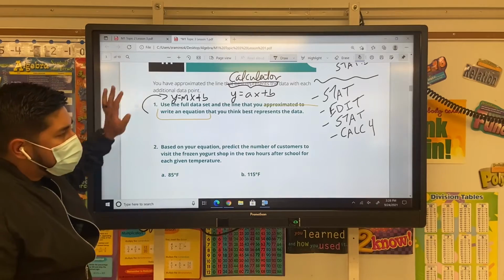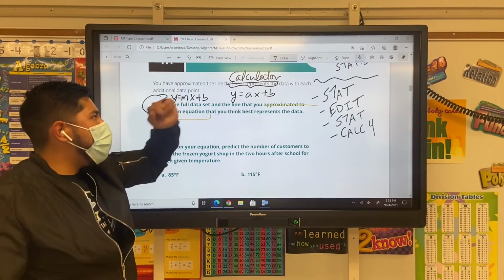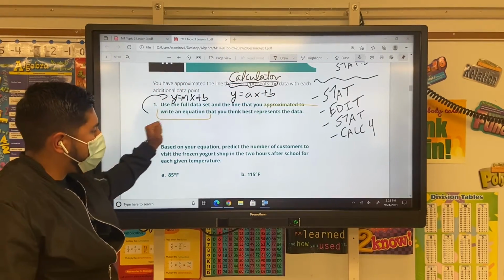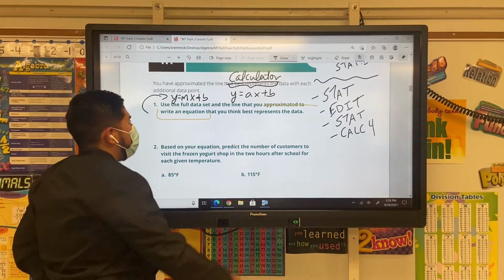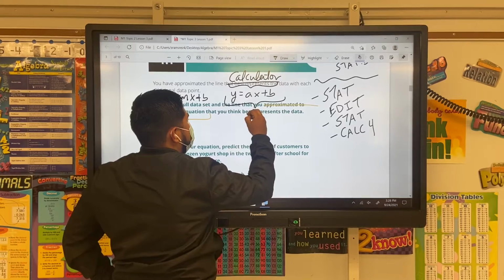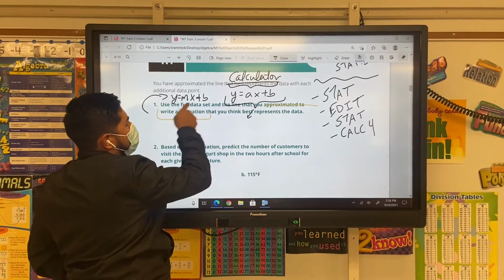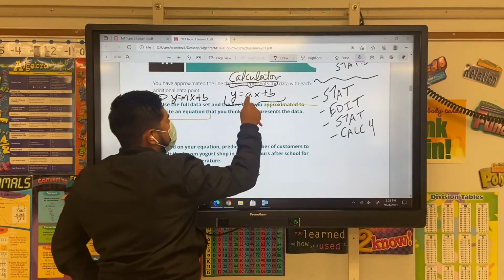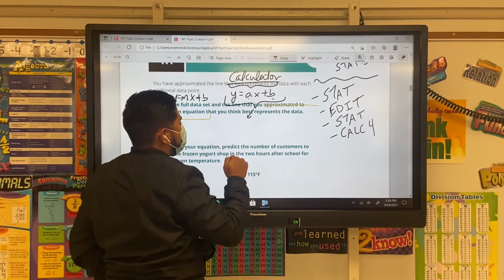So we're going to use the data table, put it in stat, get out an equation, and write that equation. From this y equals ax plus b, which is the same thing as our slope-intercept form, we are going to fill in a and we're going to fill in b, something like this.